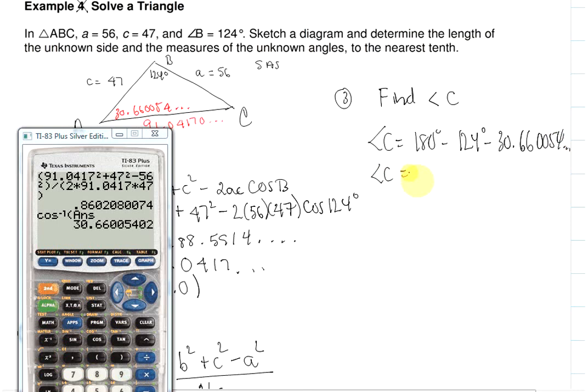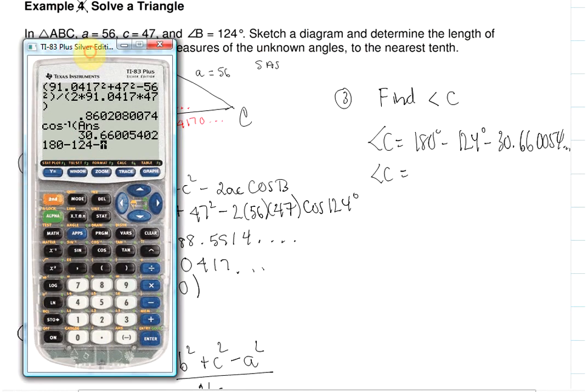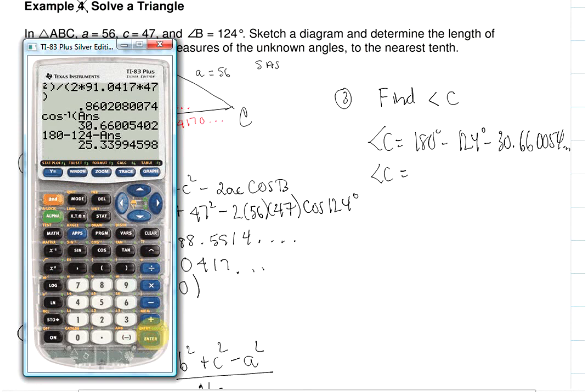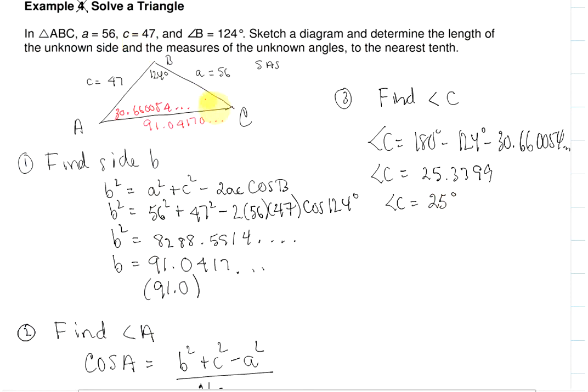So angle C is equal to, I'm going to go 180 minus 124 minus second answer, and I get 25.3399. I can round that off now because that's the last calculation that I have to make.